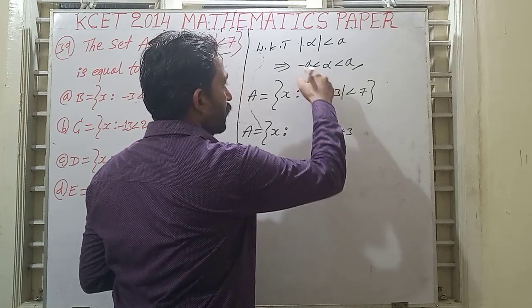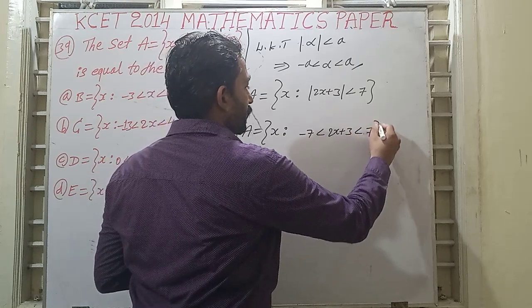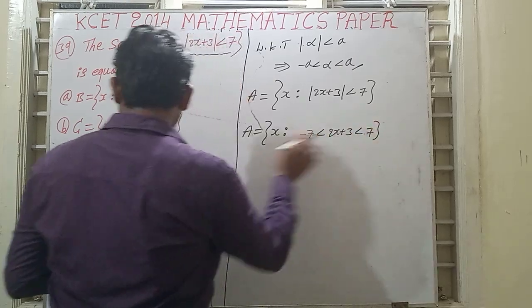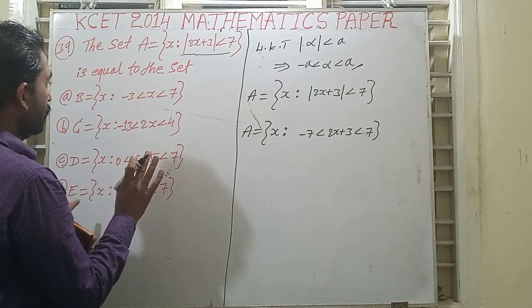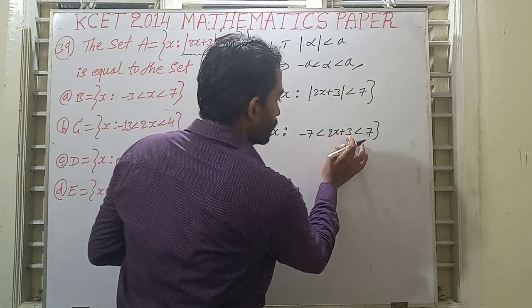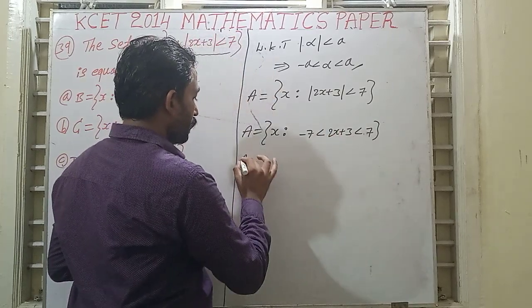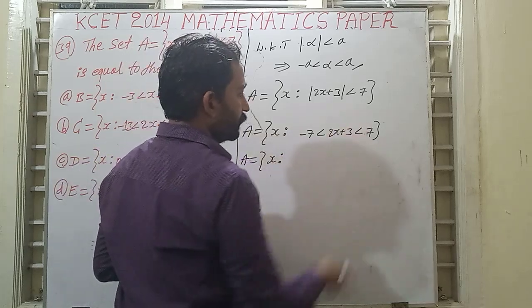greater than minus A, nothing but minus 7, and less than plus 7. So we have to find out the x value. No option matches this answer yet, so remove the 3 and 2. How can you remove? In this case, add all the terms by minus 3.